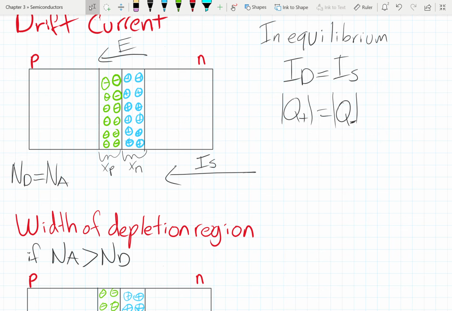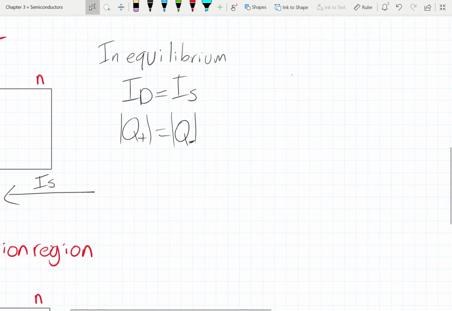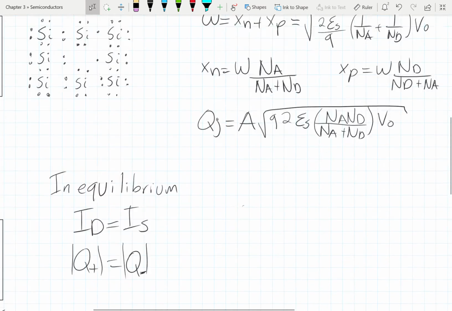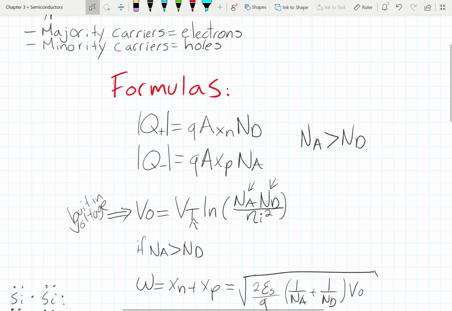So that was just a note, and let's come back to the charge. The charge on one side is always equal to the charge on the other side, because we are in equilibrium. So let's look at the equations for the charge. The positive charge right here is proportional to the electron charge, the cross-sectional area, the width, and obviously the concentration of donors.